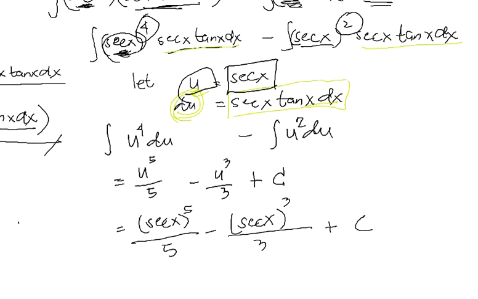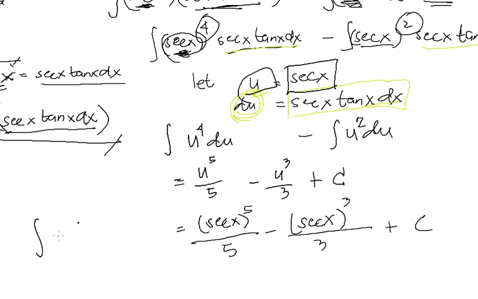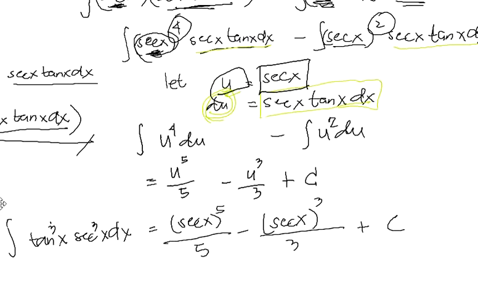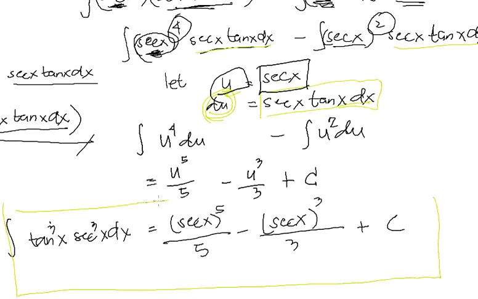Therefore, the integral of tangent cube x secant cube x dx is just equal to secant x raised to 5 all over 5 minus secant x raised to 3 all over 3 plus c. Or we can rewrite this as 1 over 5 secant 5x minus 1/3 secant 3x plus c.